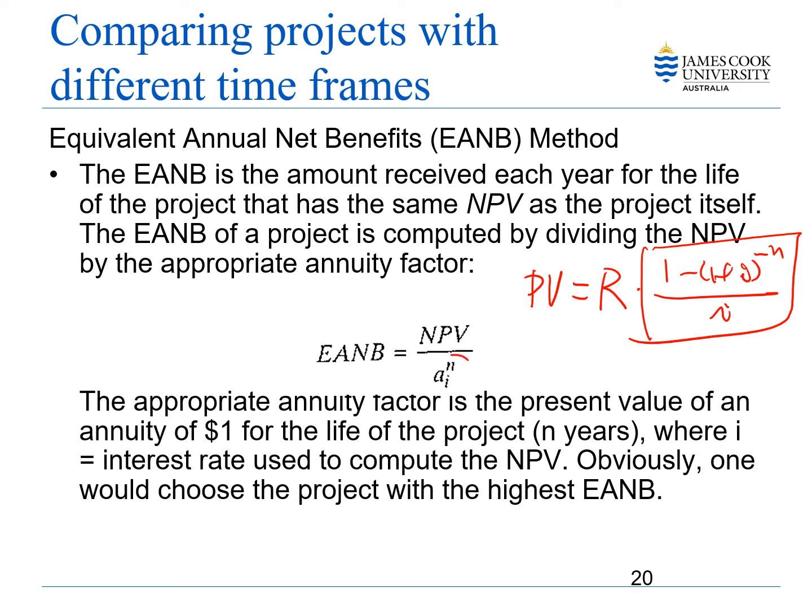So we need to calculate the annuity factor first, and then get the EANB. This EANB is R here. The appropriate annuity factor is the present value of an annuity of $1 for the life of the project in years. And when we calculate these two R's, obviously, one would choose the project with the highest EANB, highest R.